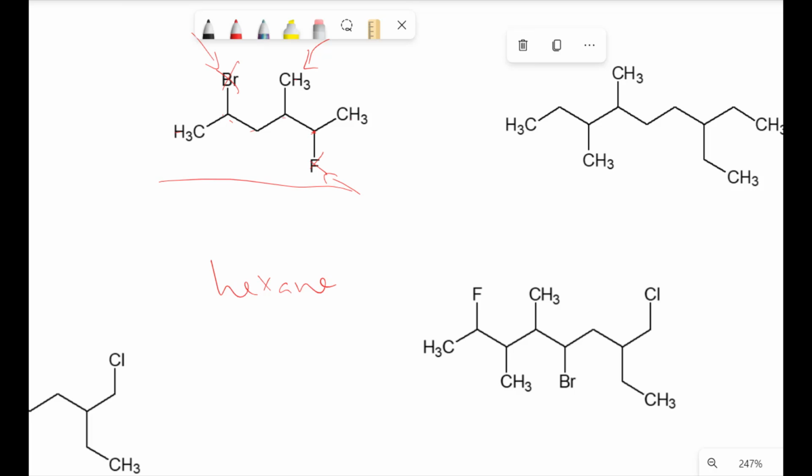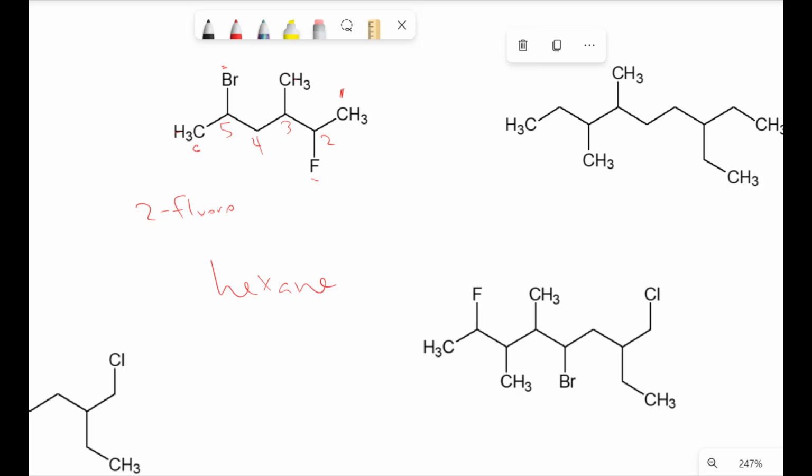And so now starting from this side will give us the lowest carbon numbers overall. So let's take a look at what that is going to look like. So I'm starting from this side again because the methyl group ends up being the tiebreaker here. So in the 2 position is the fluoro.